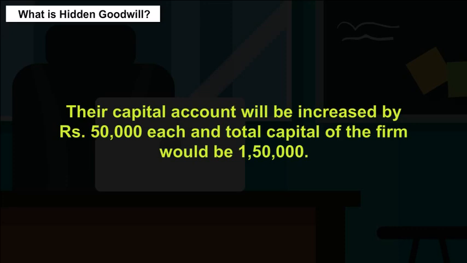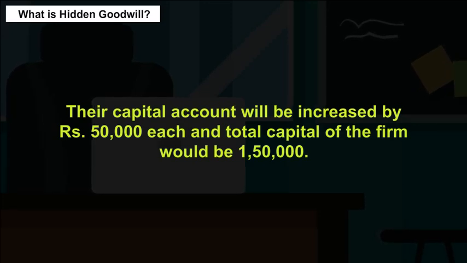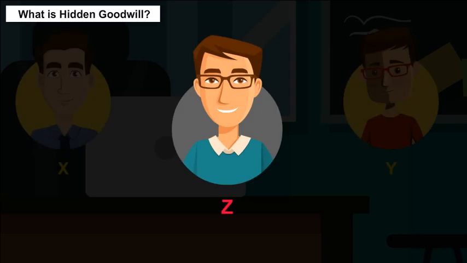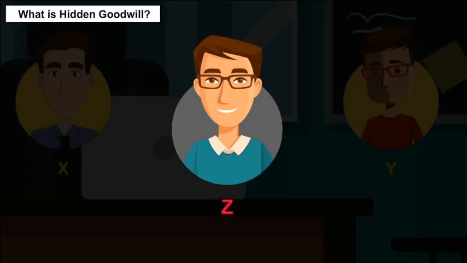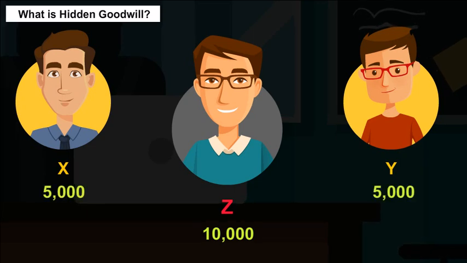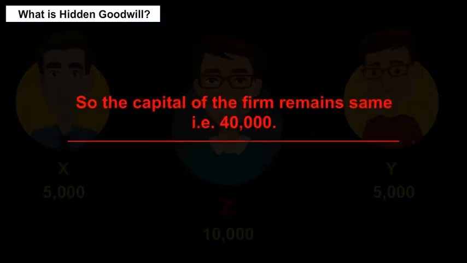So, their capital accounts will be increased by 10,000 rupees each, and the total capital of the firm would be 1,50,000. If the goodwill is not to be raised, then Z's account will be debited by 10,000 and X and Y's accounts will be credited by 5,000 each. So, the capital of the firm remains the same, that is 1,30,000.